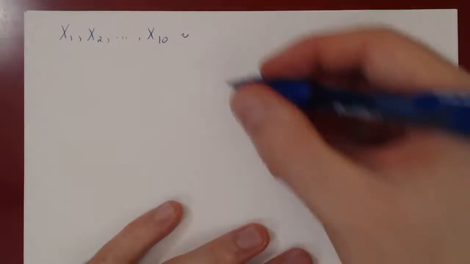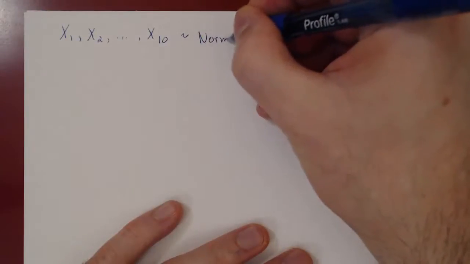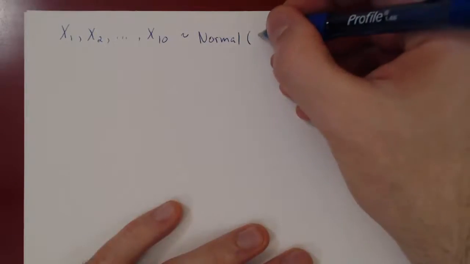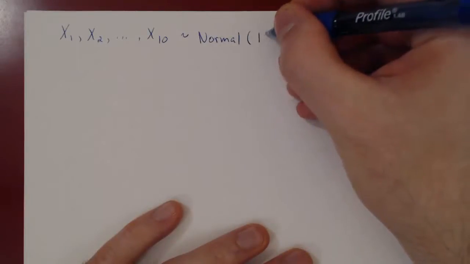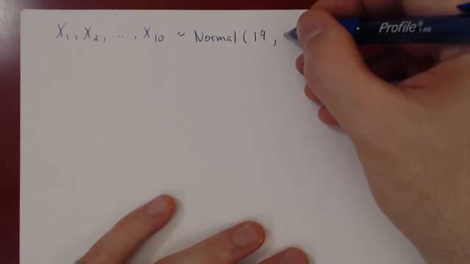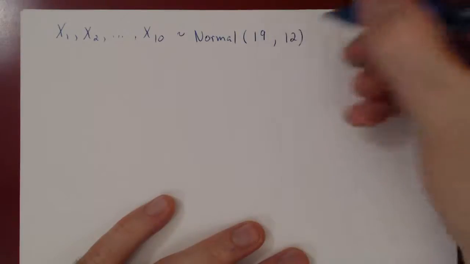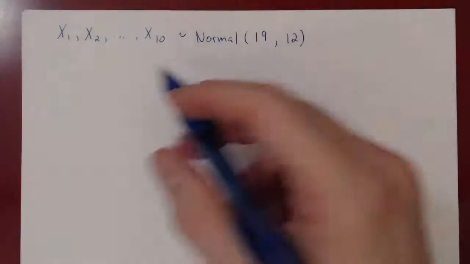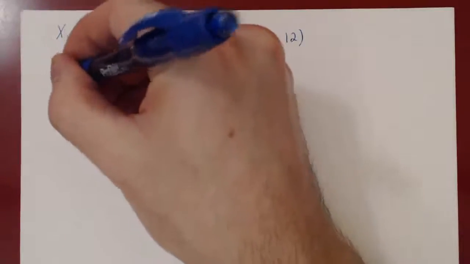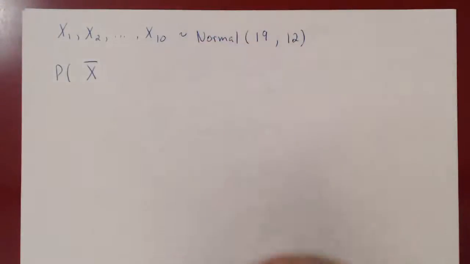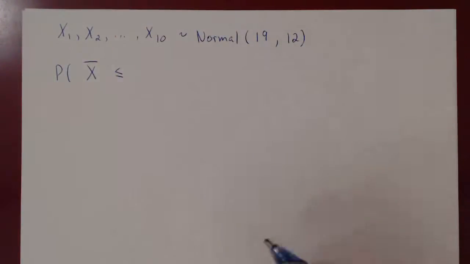Suppose they are all normal random variables with a mean of, say, 19, and a deviation of, let's go with, 12. Suppose we now ask the following question: what is the probability that the average value of these 10 random variables, so you add them up and divide by 10, is at most, say, 20?